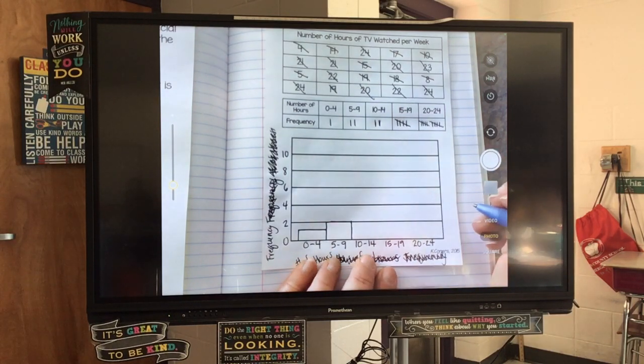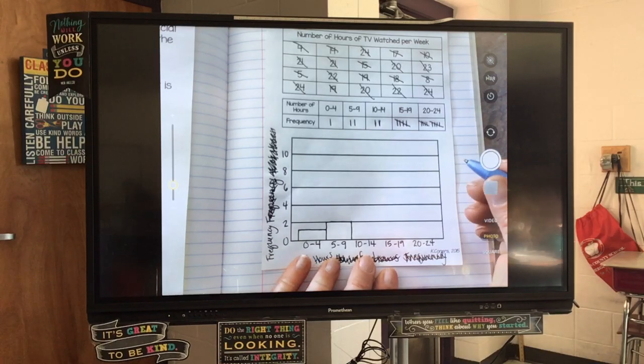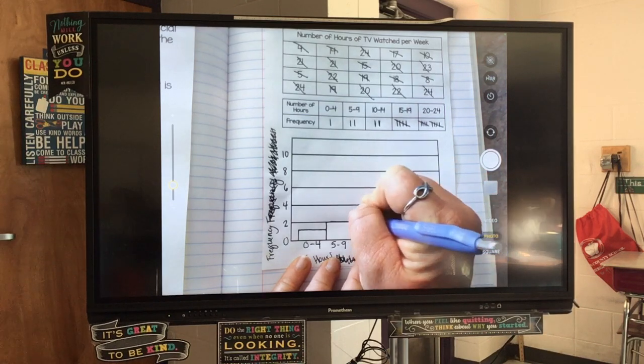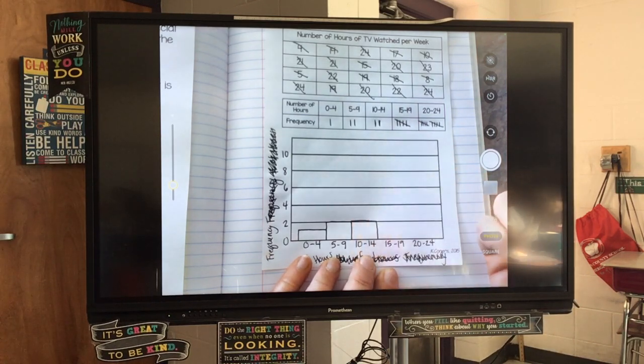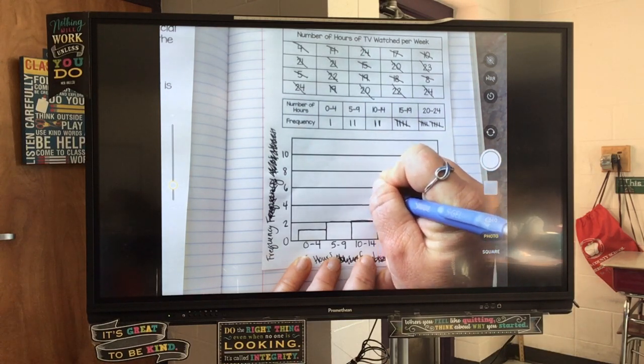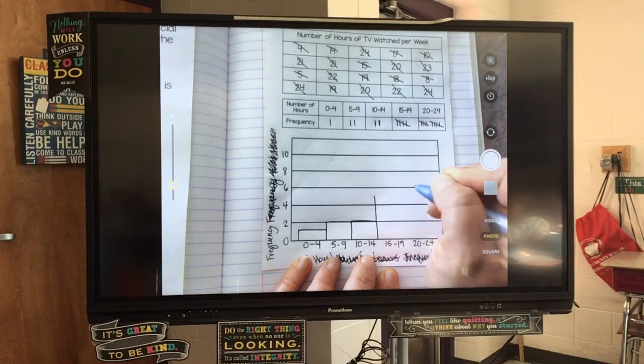All right, what's our frequency for 10 to 14? Levy? 2. So we're just going to go up to 2 again. 15 to 19, what's our frequency for 15 to 19? 5. 5, so we're going to go up between the 4 and the 6.